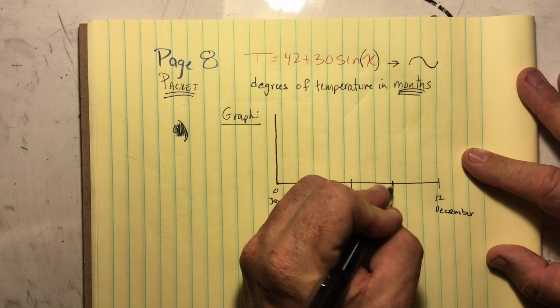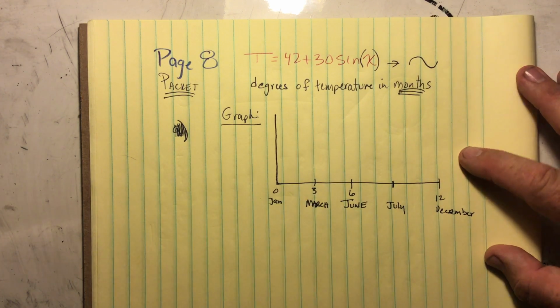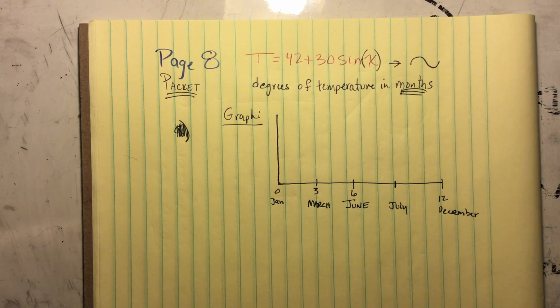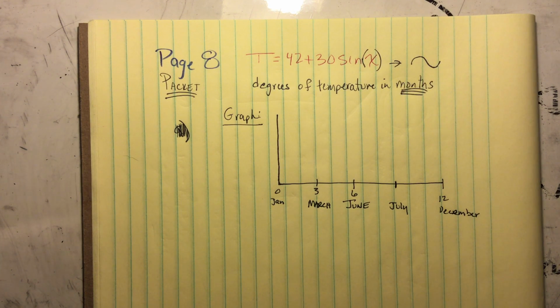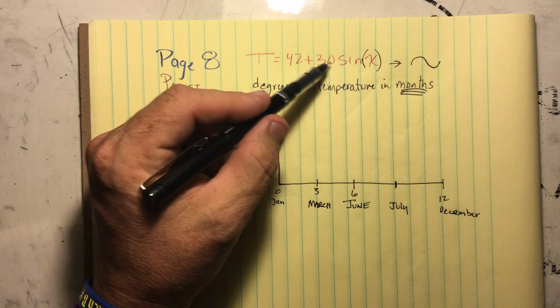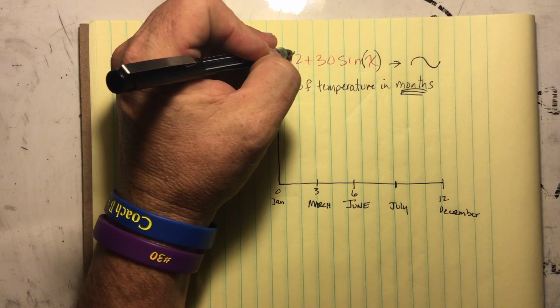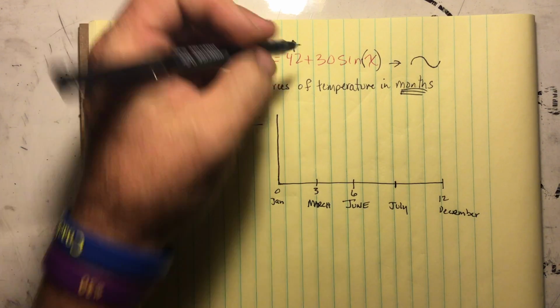And then we're going to have July. If you guys can kind of see what we're talking about here. Now, I know I have an amplitude of 30, and this is my vertical shift up of 42.